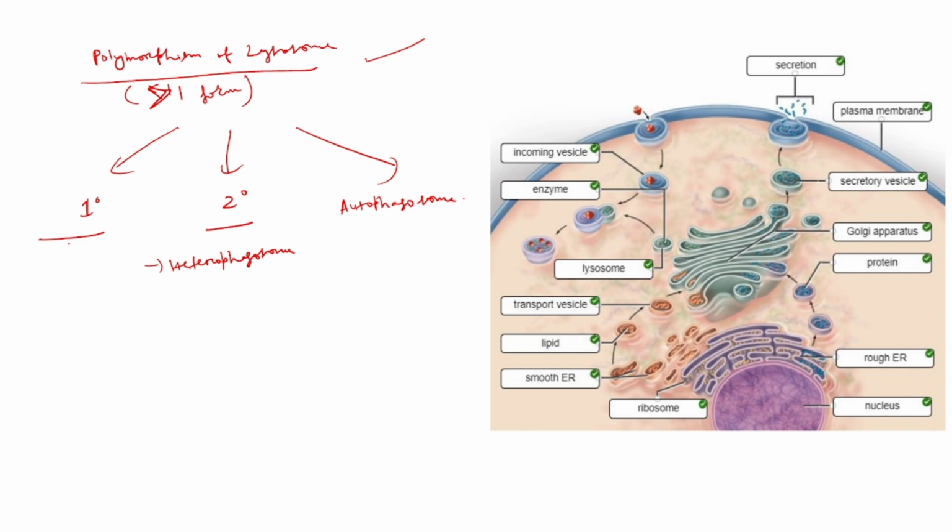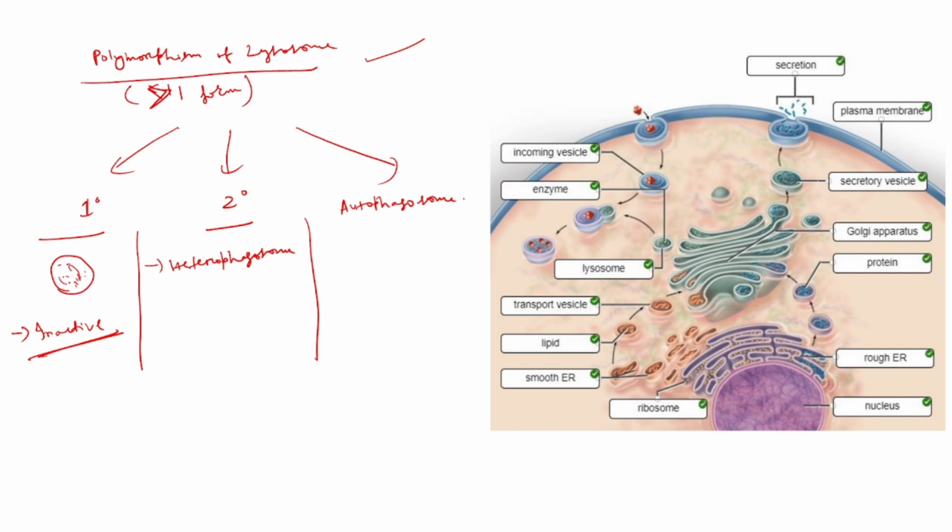So what is the primary lysosome? In this primary lysosome, the hydrolytic enzymes are present, but they are present in the inactive condition. Inactive means the enzymes are present, but they are not active.